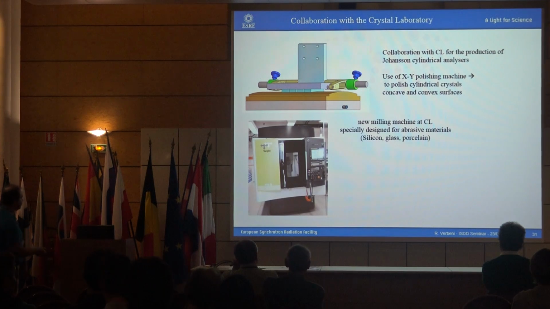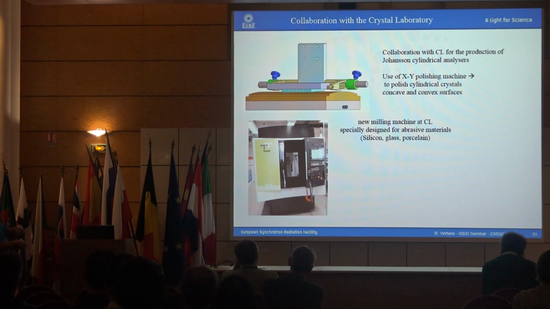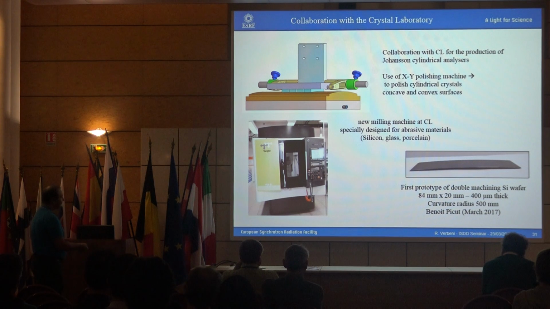Then last year, also in the Crystal Lab, we bought a very nice machine, a new milling machine, very huge, very nice, very expensive. This is especially designed for abrasive materials like silicon, glass, porcelain. With this machine, you can do all the shapes you want on your silicon. You can do curved surfaces, you can do holes. And last week, Benoit came into my office with the first prototype of a double machining wafer.